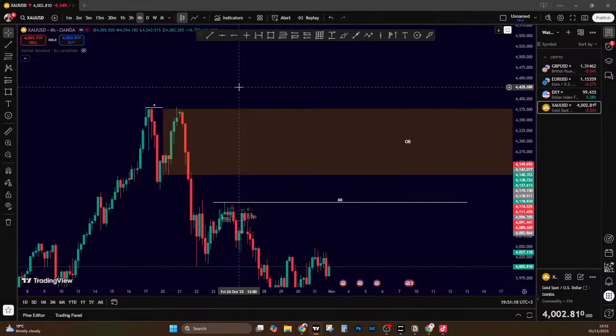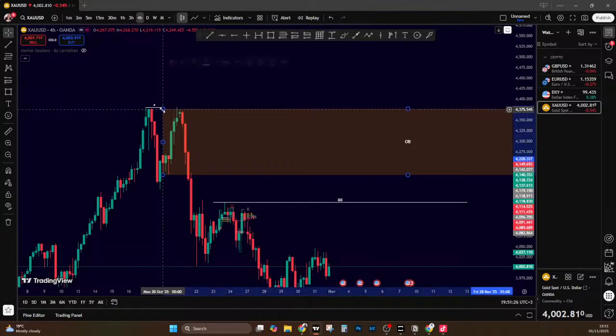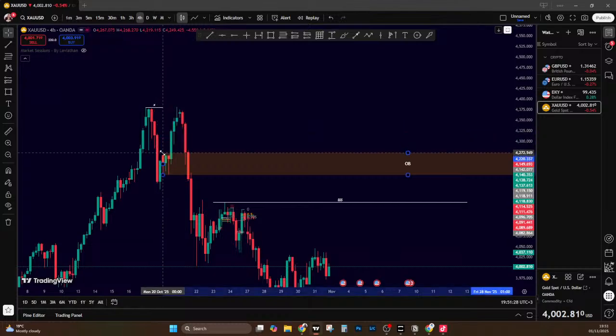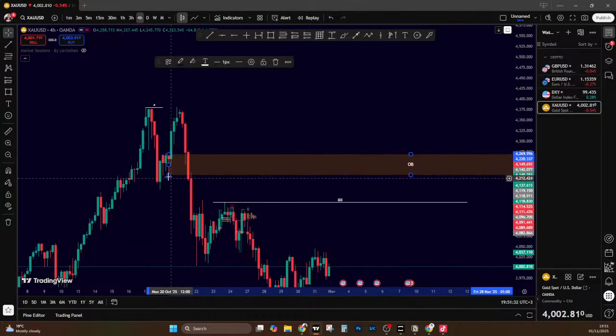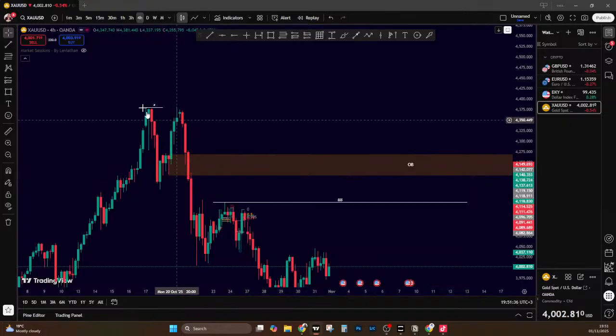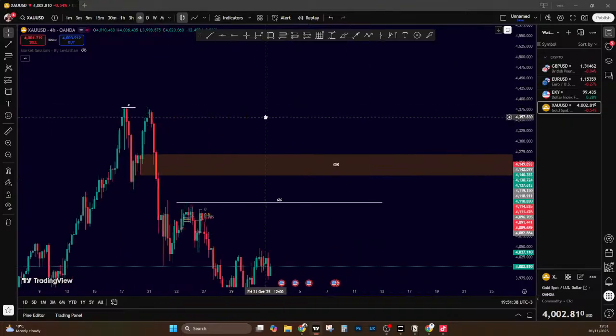One is this breaker block here, the last sell before that buy. I think that is what is closest to the liquidity.